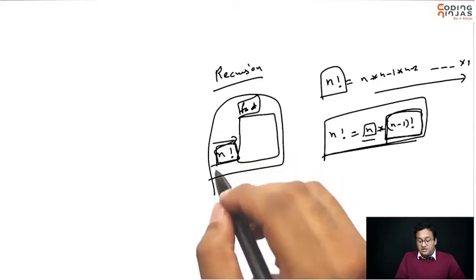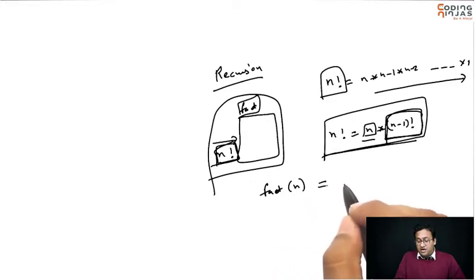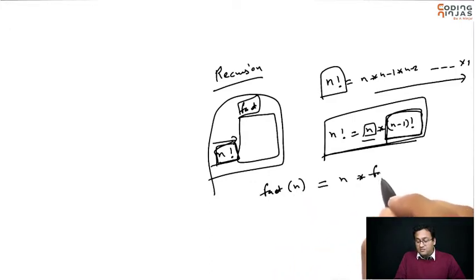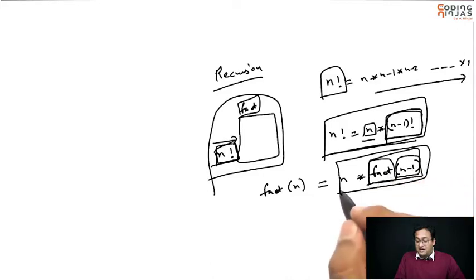So in case of factorial, it will say, hey, you want me to calculate factorial n? I will do that, but to do that I will call myself with a smaller input, and then once I have that answer, I'll multiply that with n and I'll have your answer as well. So recursion is when a function is calling itself with a smaller input, which basically is easier to calculate, right?